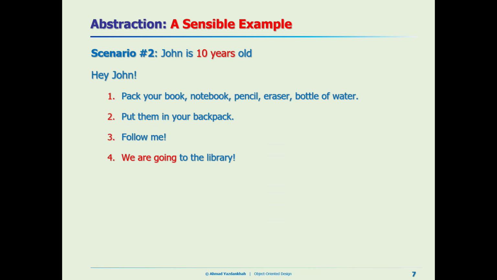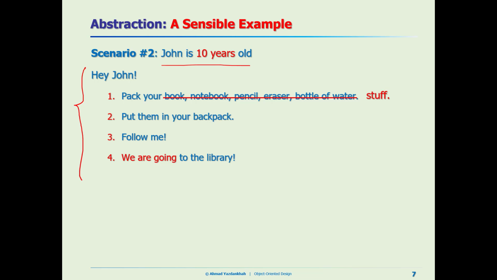All right. Now let's turn to the other scenario. John is now 10 years old. So here is what we did for the 4-year-old John. Now, in this case, when John is 10, we don't need to mention all of this stuff, right? We create a new concept and we call it stuff, right?